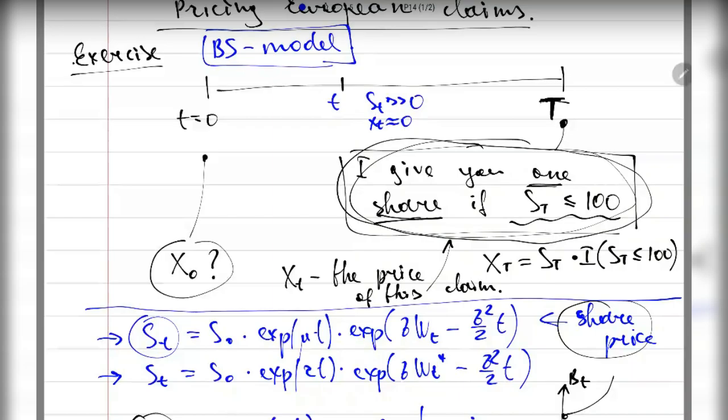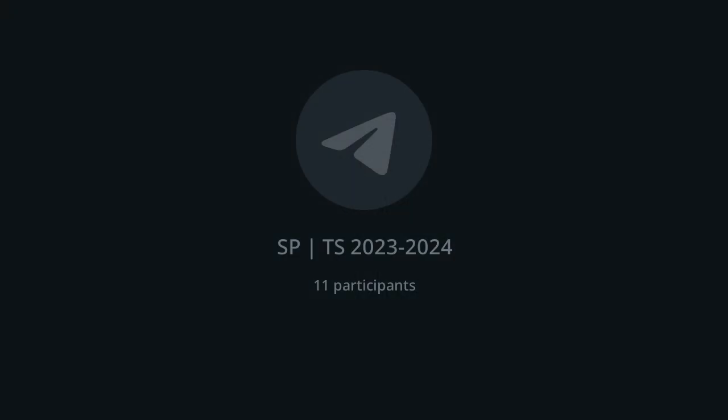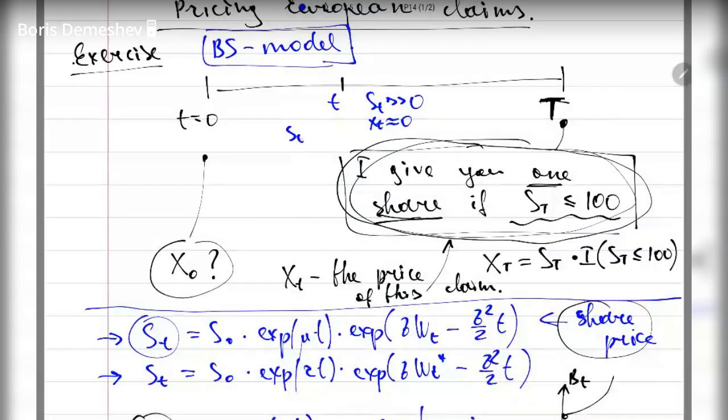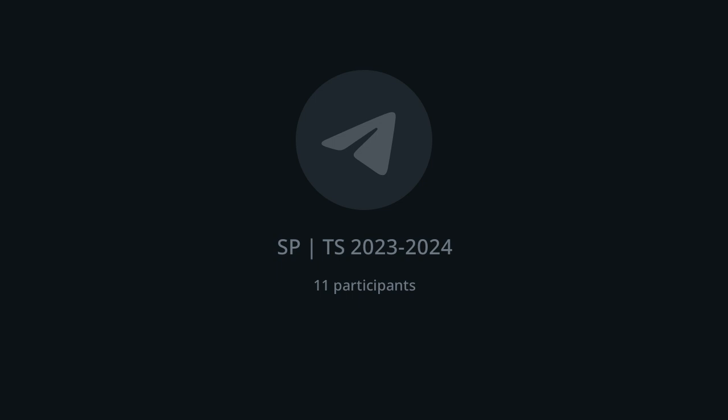If you see that the share price is high, then my promise is worthless. Yes, there is a small probability that the share price will go down and I will need to pay something. But if at some moment ST is high, then X is zero. And vice versa. If, let's say, ST at some moment of time is 80, then probably XT has a positive value.